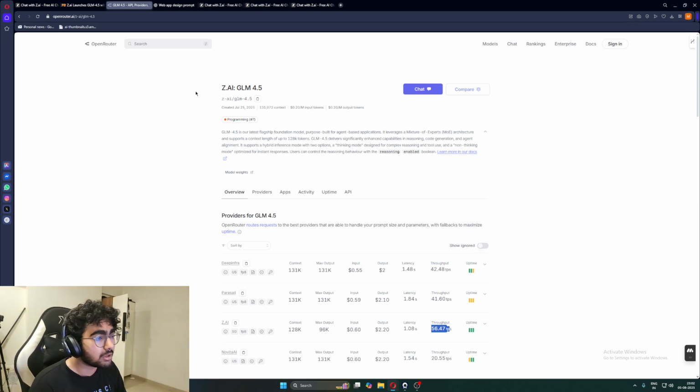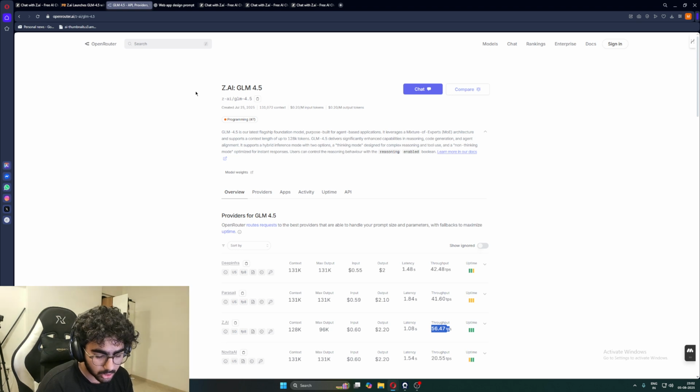One more thing that I want to mention about this model is Kimi K2 is 80% cheaper than Claude Sonnet 4. And this model is half the cost of Kimi K2. And look at the performance.